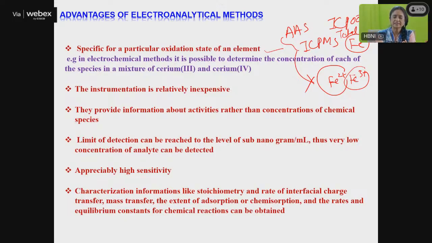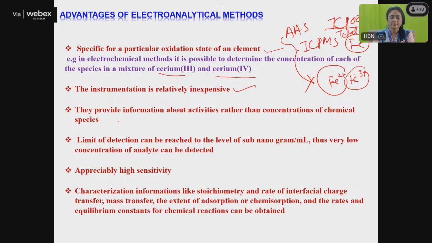So it is specific for particular oxidation states like cerium 3, cerium 4. You can separately know how much cerium 3 is there and how much cerium 4 is there, unlike in the case of ICP-OES, where you will get total cerium. Instrumentation is relatively inexpensive, around 20 to 30 lakhs here compared to 1 crore in the case of ICP-OES.